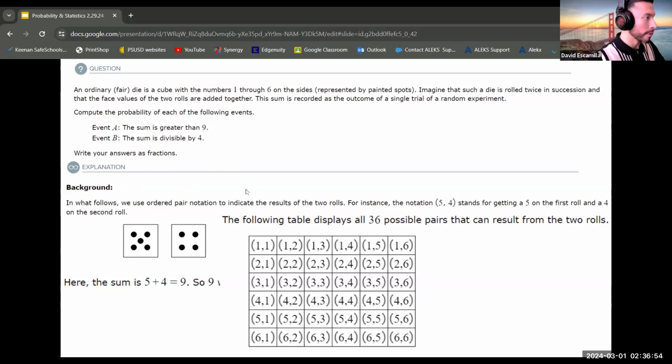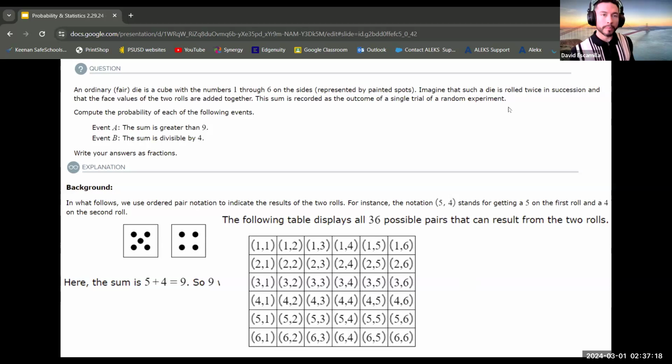And then after we're done with that, we're going to find the probability of event B happening, which is the sum is divisible by 4. They're making it complicated. Of course, there are 11th graders here, so we need to keep pushing to problems that challenge our knowledge.